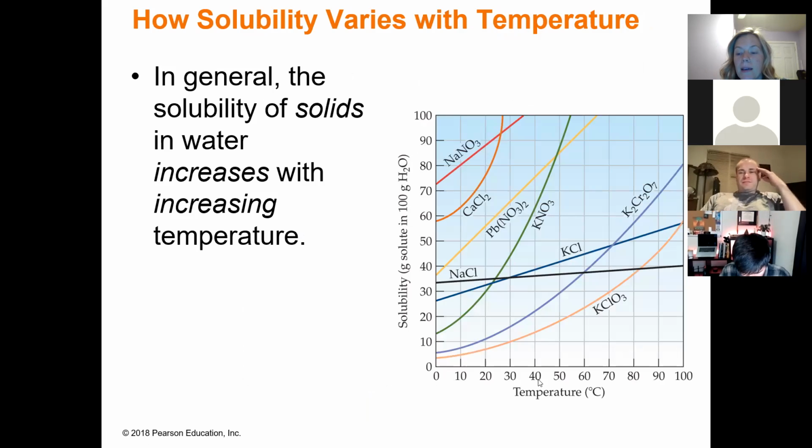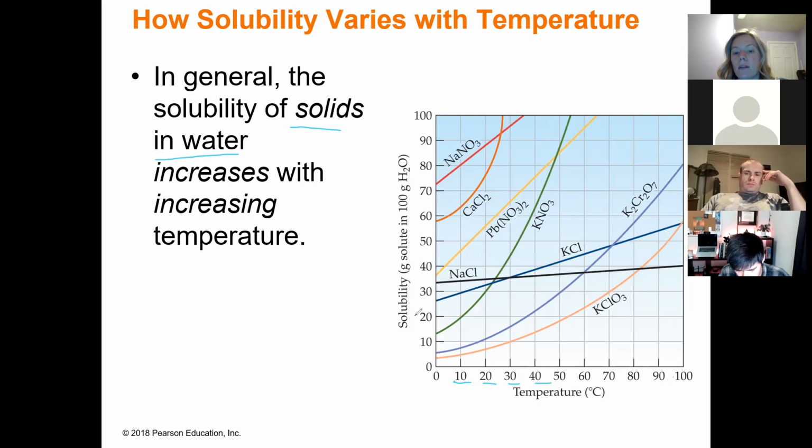So why do we give a temperature stamp to our solubility? Like we said, for instance, salt is, at 25 degrees Celsius, 36 grams of salt can dissolve in 100 grams of water. Well, the reason we have to give it a temperature stamp is because these solubilities will actually change based off of the temperature. If you have a solid, and it's important to note that it's a solid, if you dissolve it in water, when you increase the temperature, so on this graph, we're increasing the temperature on the x-axis, so we're getting warmer as we move this way.